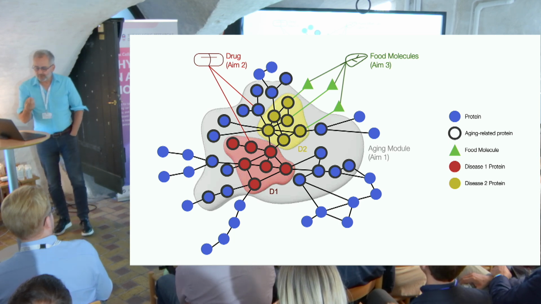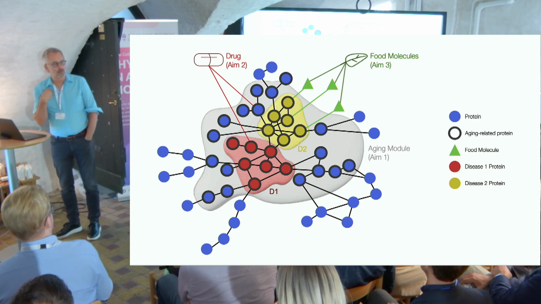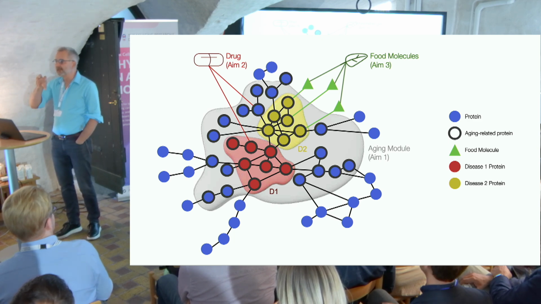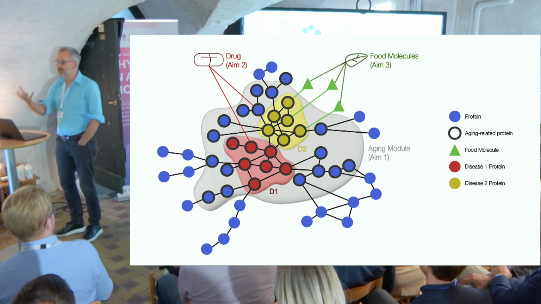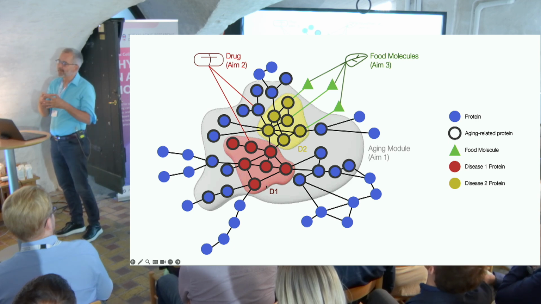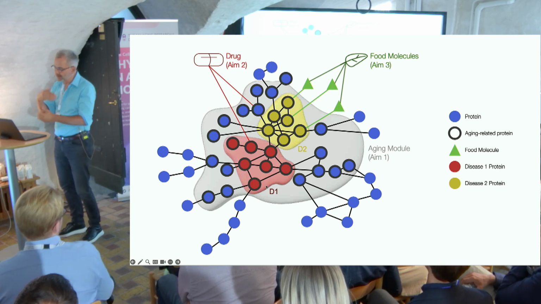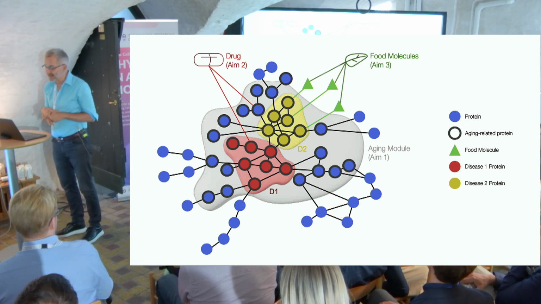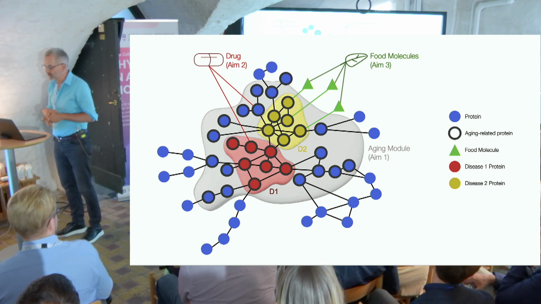If you want to find an effective target, you're looking for targets that are typically within the disease module, and we've shown many times that drug targets are within the disease module. If you think about drug repurposing, that is, finding drugs already on the market that could be repurposed for that disease, you are again looking for drugs that have a valid target in that particular neighborhood.